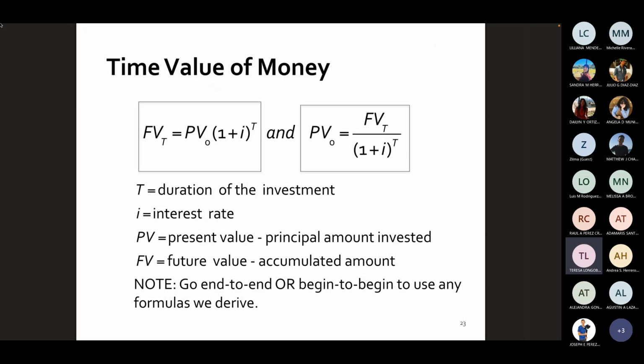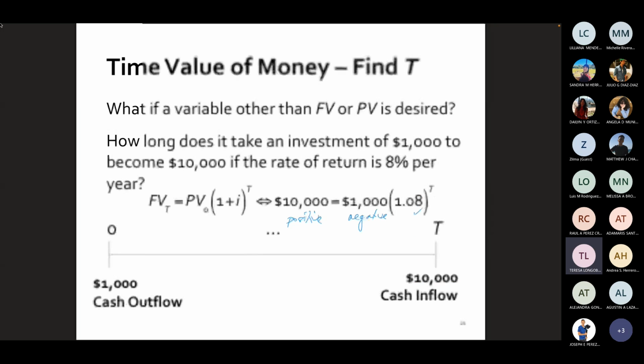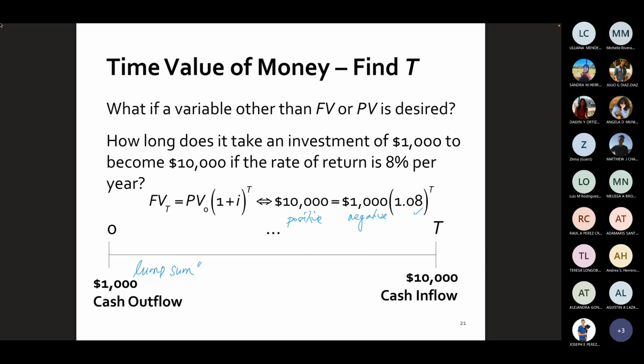You could also write it or interpret it at the beginning of certain periods. You got to read carefully to make sure that the amounts, the lump sums, fall at the same point.